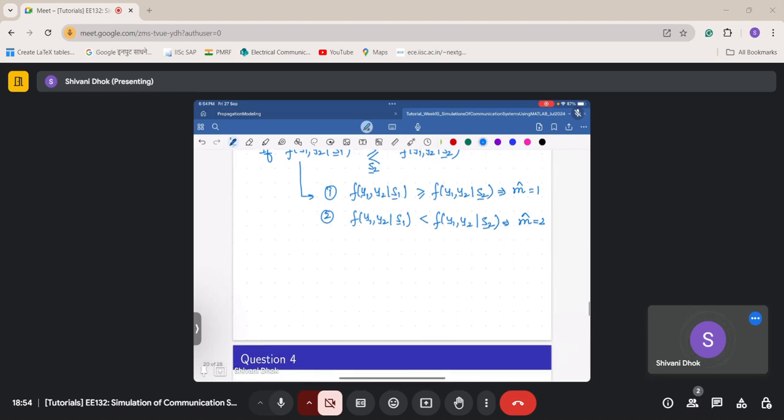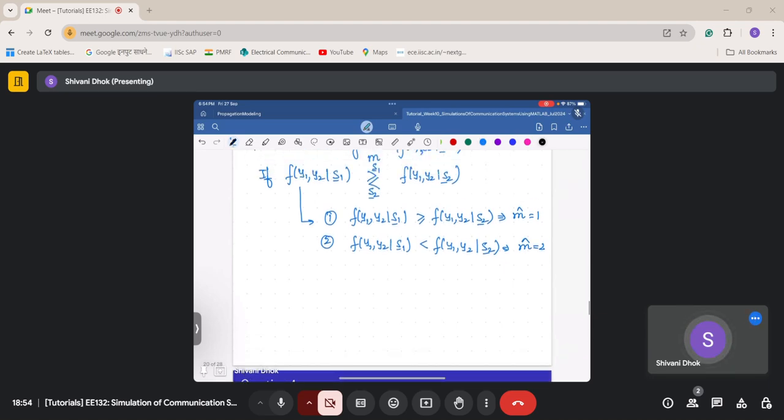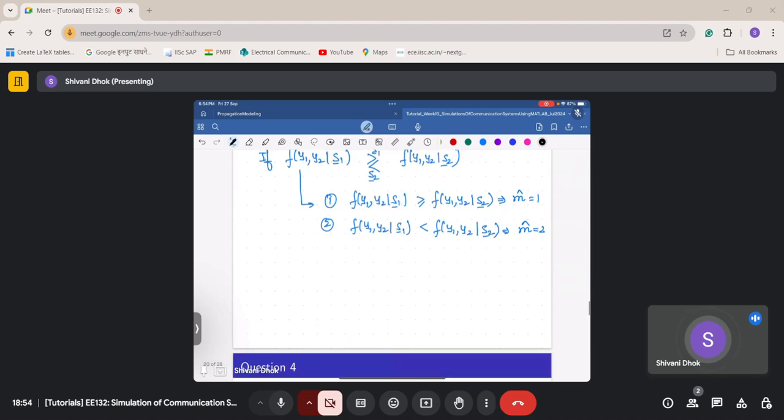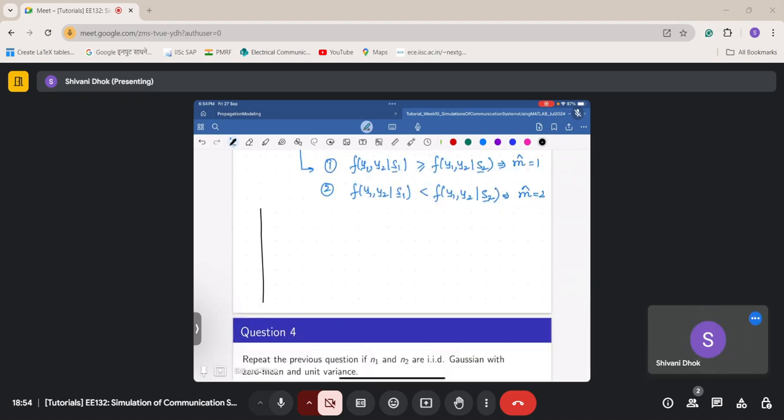So now let us again go back to these diagrams here. This is y1, this is y2, this is 1.